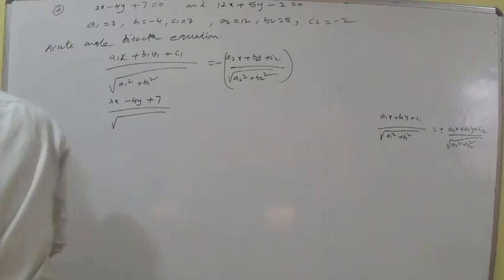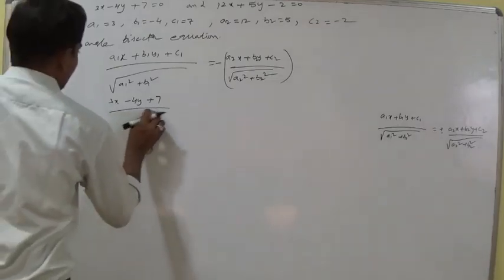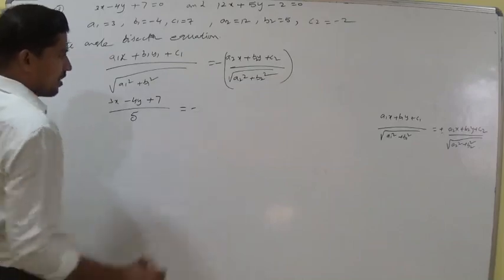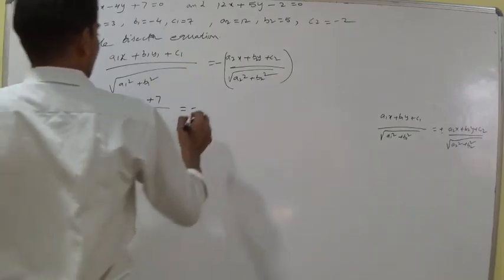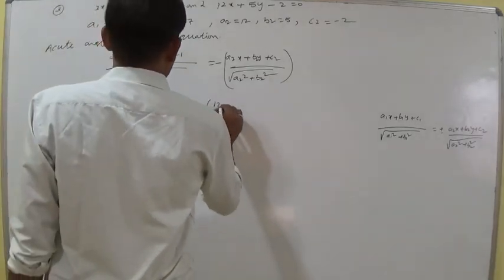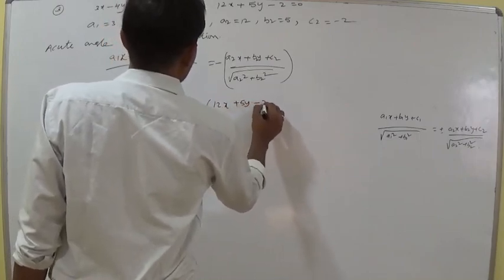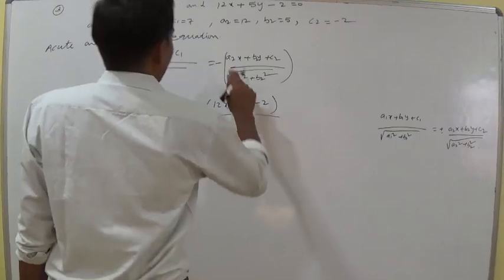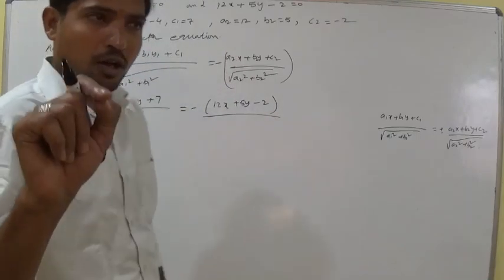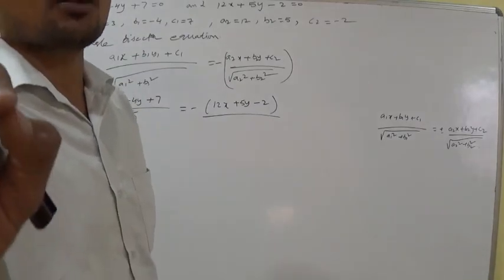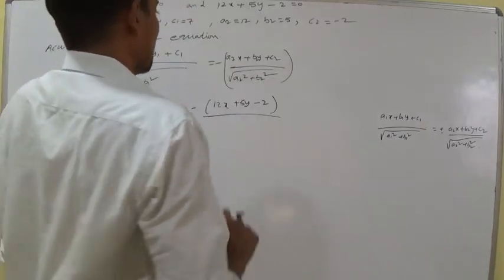So we can get the value here: 5 equal to minus of (12x plus 5y minus 2) by square root of a2 square 144 plus b2 square 25, which is equal to square root of 169, equal to 13.